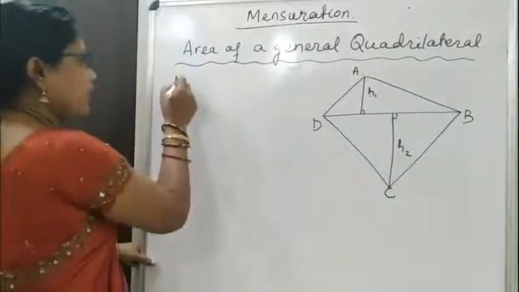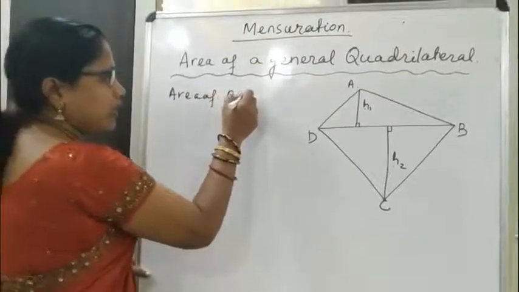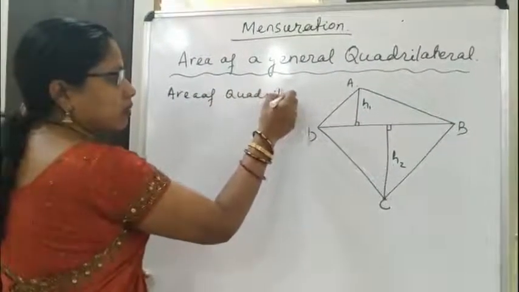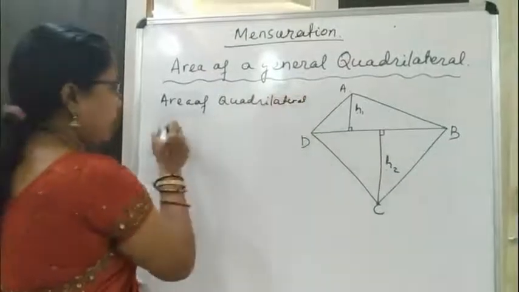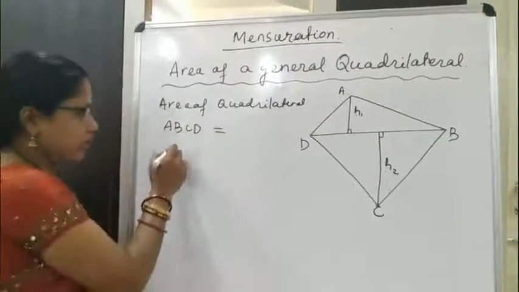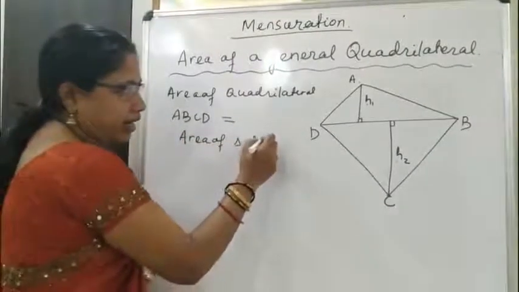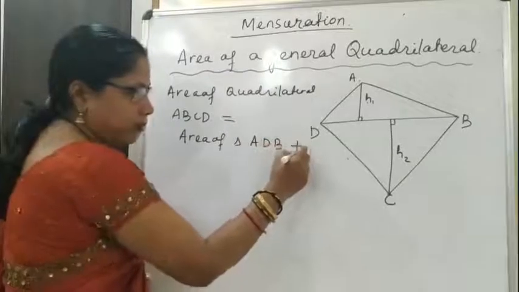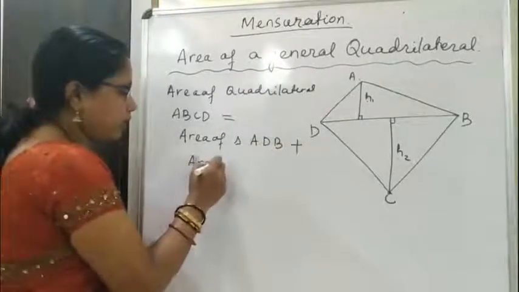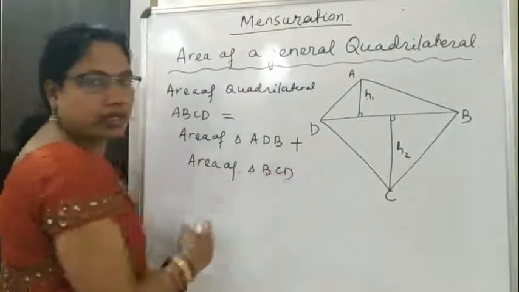So the area of quadrilateral ABCD is equal to area of triangle ADB plus area of triangle BCD.